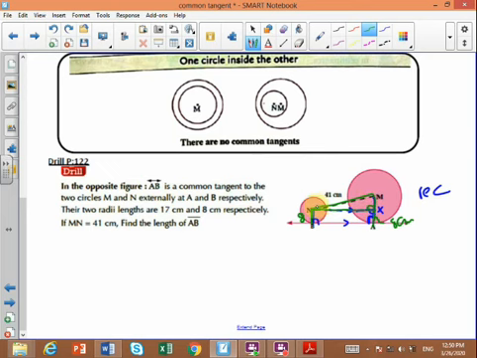Very easy. MN is 41, MX very easy to get because I know the radius of the bigger circle. He gave it to me 17, and I have a small part XA 8, so 17 minus 8, so MX will be 9 centimeters.